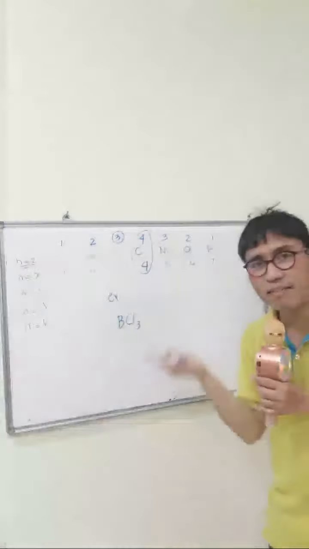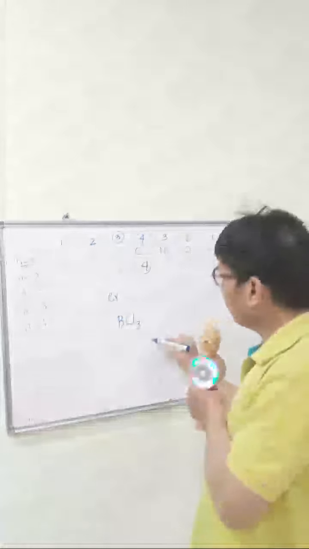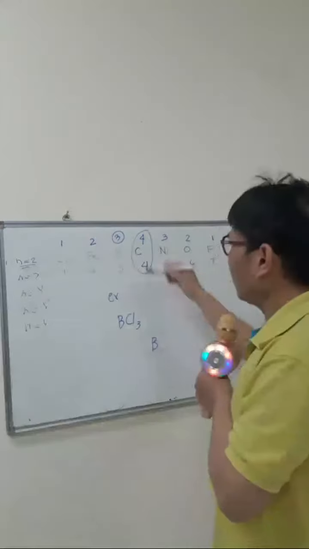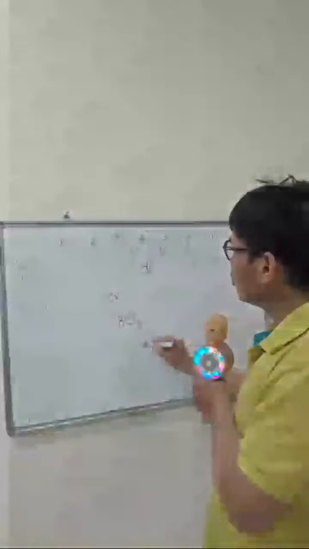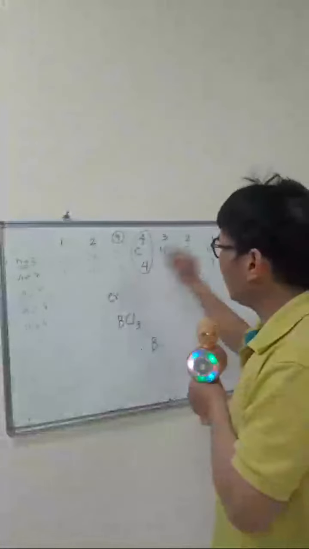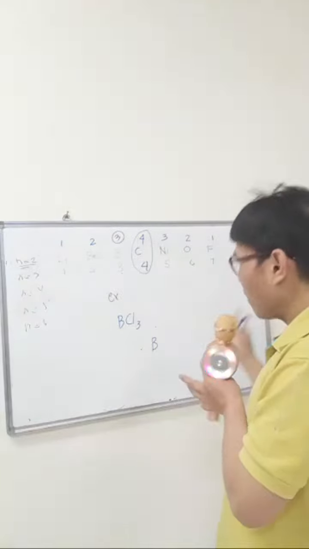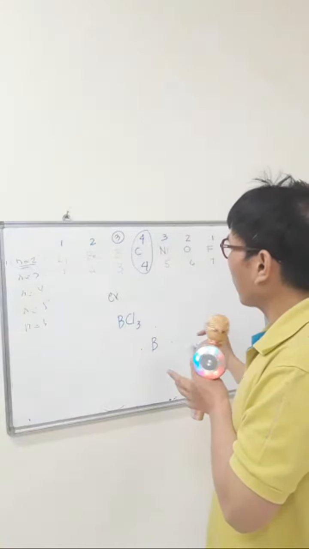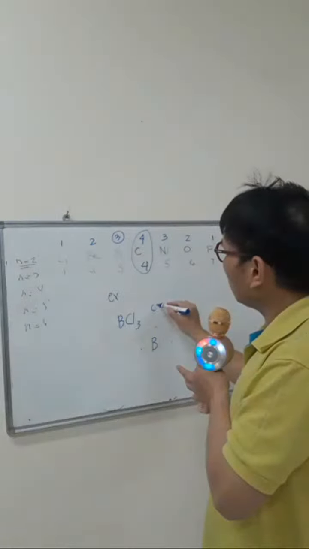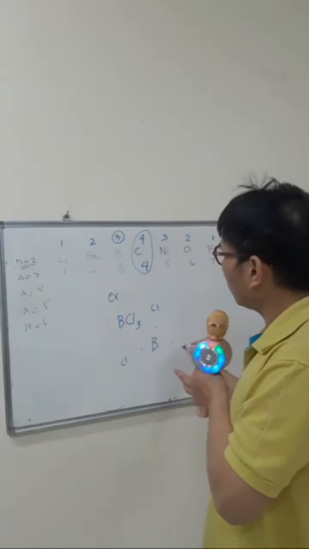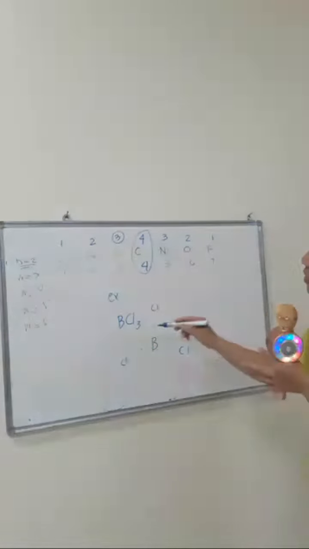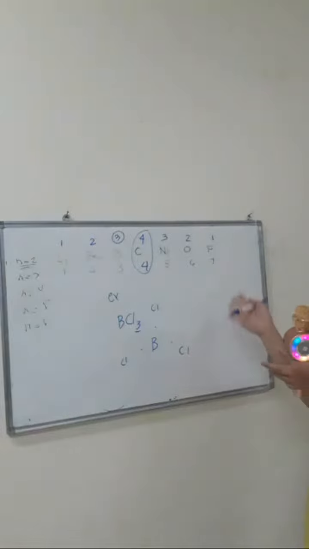It will never exceed. So, for boron, valence electrons 1, 2, 3. 3 valence electrons, meaning these are also the bonds. So I have to put chlorine here. Chlorine, chlorine, chlorine. So there are 3 chlorine because this 3 represents how many times?